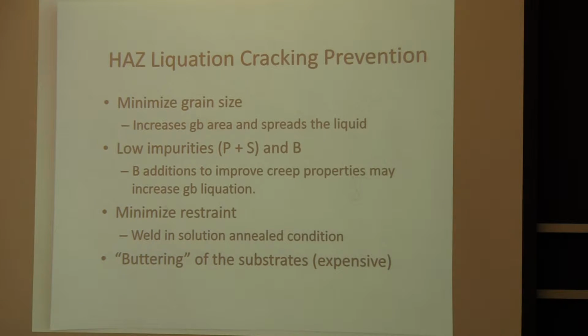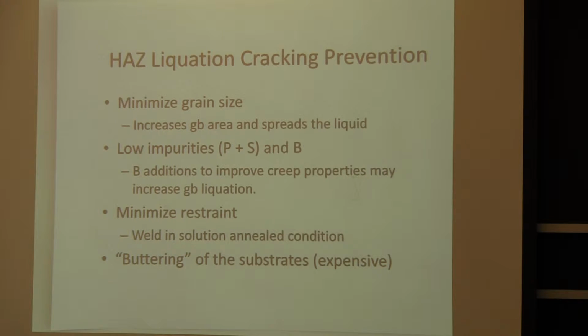As with all of these, we want to minimize restraint as much as possible. We can do that with joint design. We can do that by welding in the solution annealed condition, as I mentioned before. Another thing that would be quite expensive but could be done is to butter the substrates.